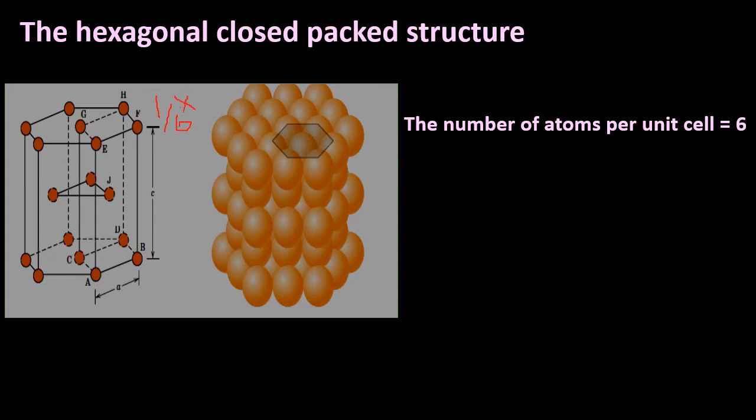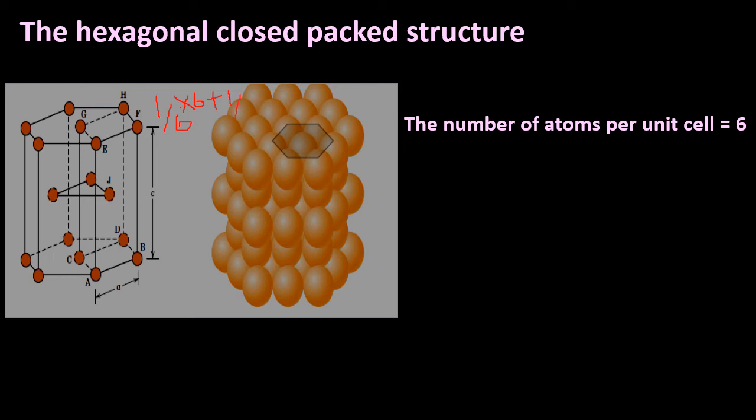So in the top face we have 1 by 6 into 6, so one atom comes from the hexagon corner atoms, and the central atom contributes only its half. There are two hexagons, so one atom comes from this hexagon.